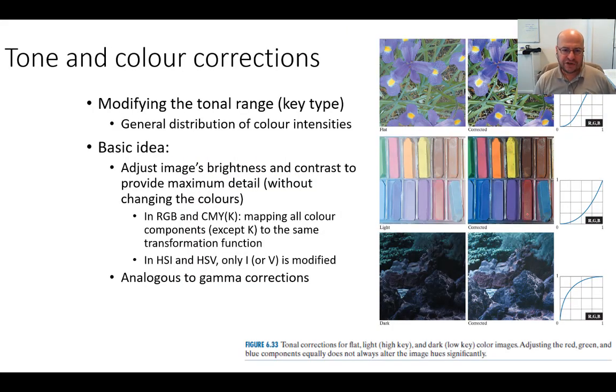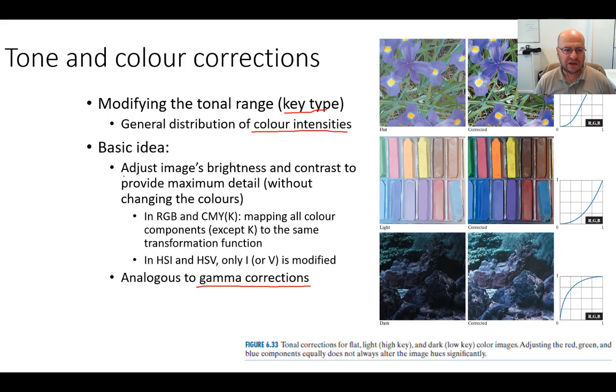Tone and color corrections. These are similar to gamma corrections in grayscale, but you're actually dealing with the distribution of color intensities rather than grayscale. What you do is modify the tonal range, also called the key type, by applying a mathematical function to one component or to all four components.